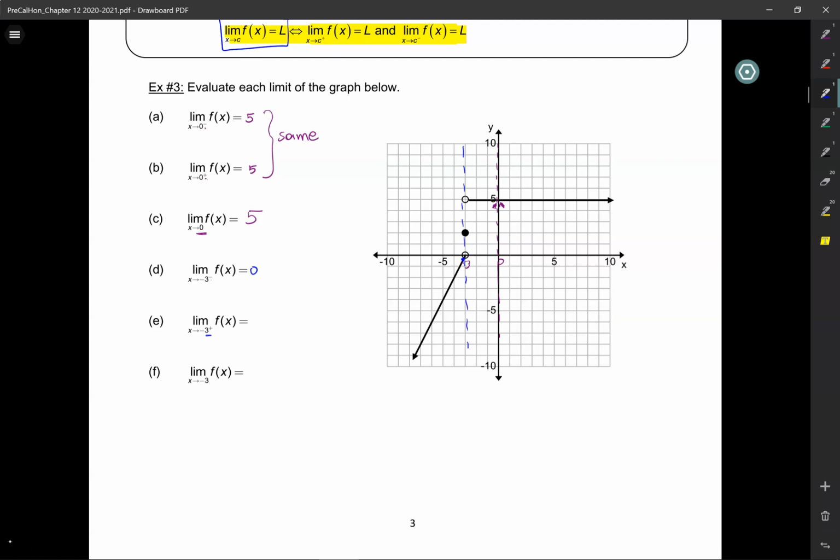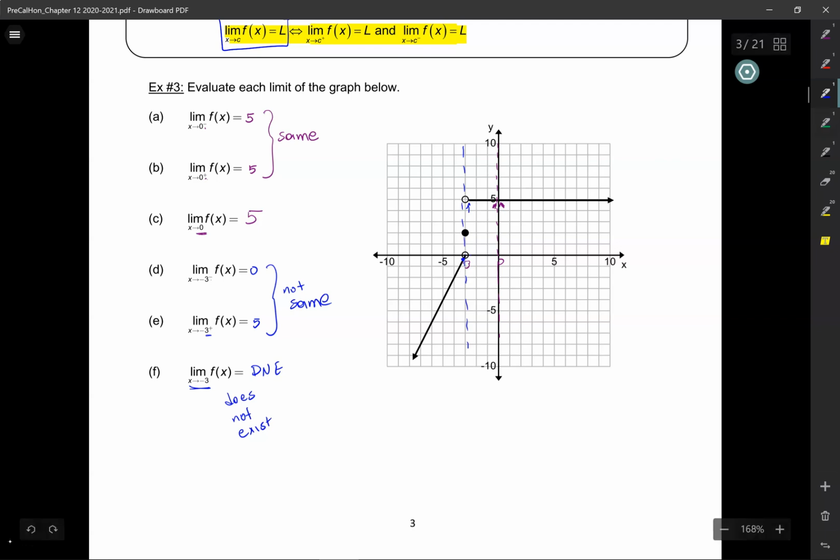What's the y value? It's all the way up here, 5. Because these are not the same, I say the limit as x approaches negative 3 does not exist. DNE, does not exist. We never write out does not exist. It's always DNE. That's good enough, right?